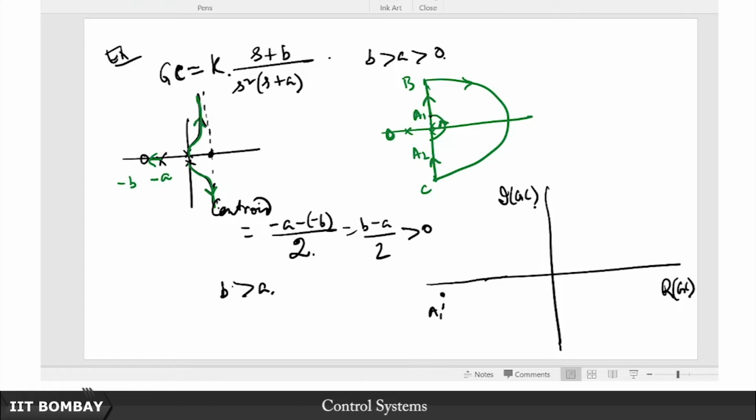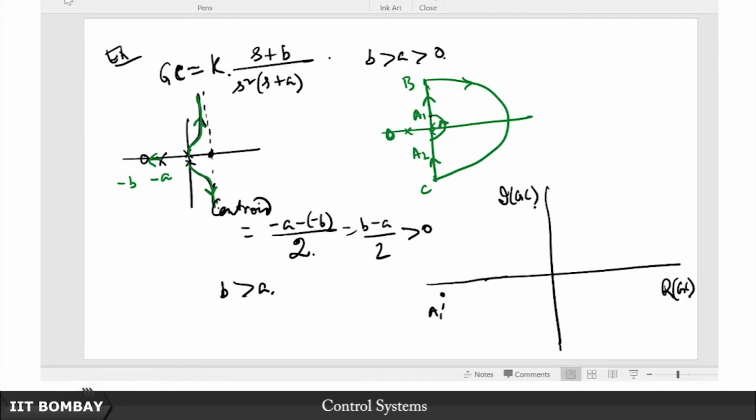Now, point-wise, the point B prime, which is the map of this point B, is also going to be the same, because the phase contribution of this additional pole and zero, whether they are flipped or not, at the point A1 they are both going to contribute 0, and at the point B they are both going to contribute 90. So their net contribution at the points A1 and B are identical and 0. It is only the pole pair at the origin that is contributing a phase of 180 degrees at both the points A1 and B.